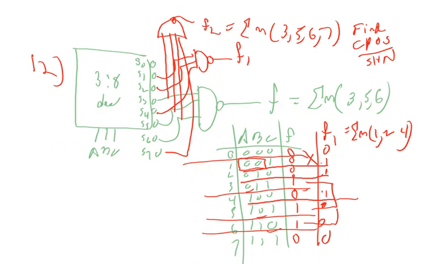So now we can say that it must also be equal to capital Pi, capital M, and what goes inside the indices? Wouldn't it only be 0, 1, 2, and 4?